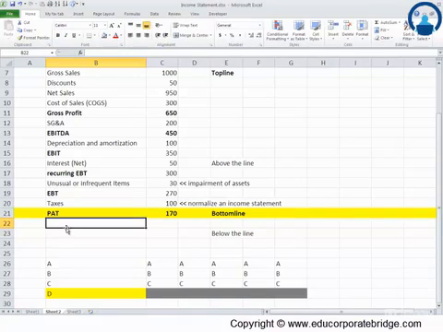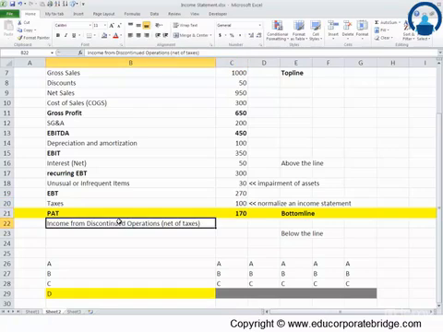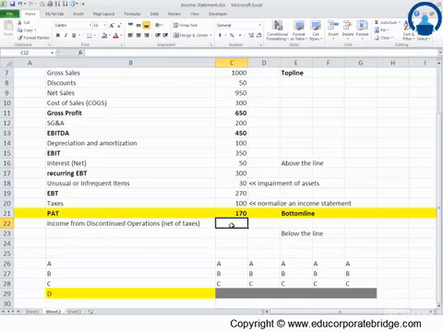Below this we include the term income from discontinued operations, and this is reported net of taxes. Since we have already calculated taxes above this for the continued operations, income from discontinued operations net of taxes is reported below the line, and let's assume that this was around 50. So this is how it gets reported in the income statement.